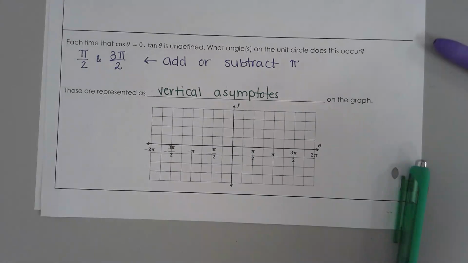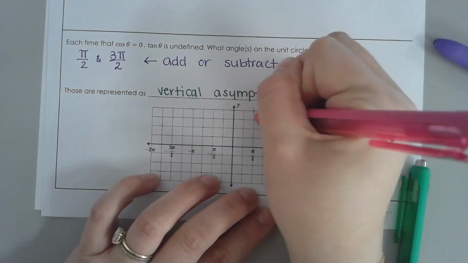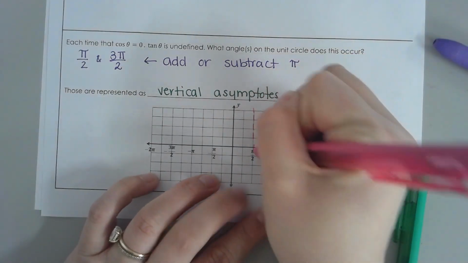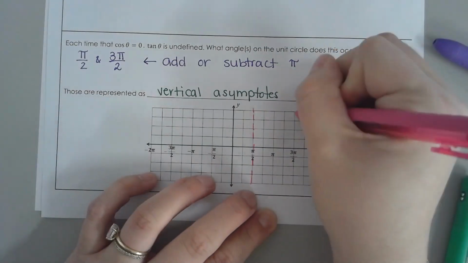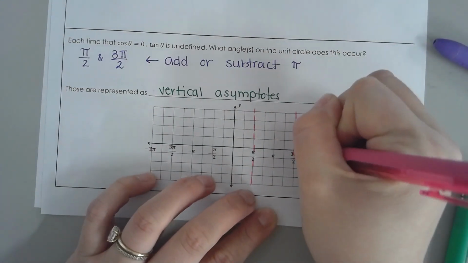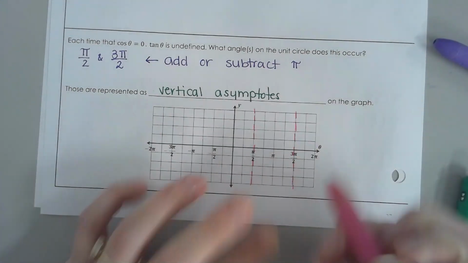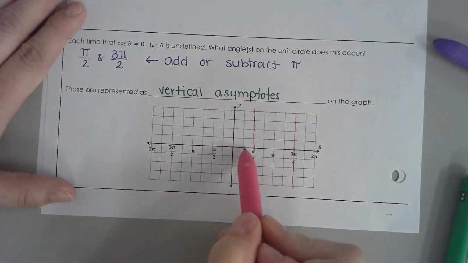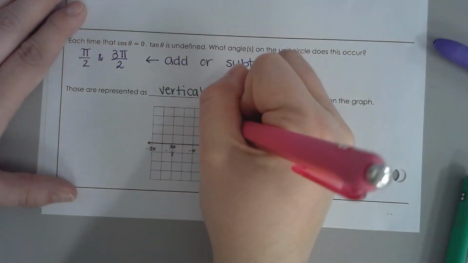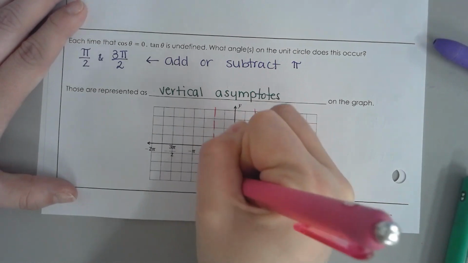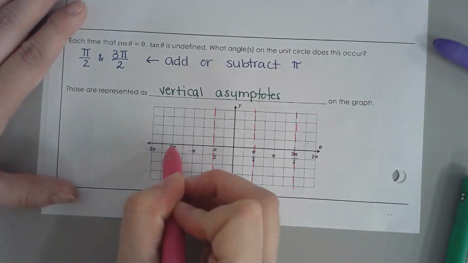So at pi over 2 and 3 pi over 2. And then I could count 4 this way, or I could count 4 back. Keep counting 4 back.